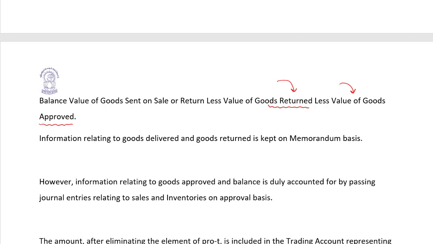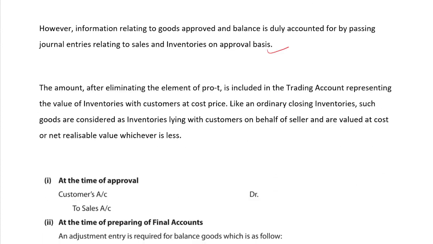Information relating to goods delivered and goods returned is kept on a memorandum basis, temporary basis. However, information relating to the goods approved and balance is duly accounted for, passing journal entries related to sales and inventories on approval basis.